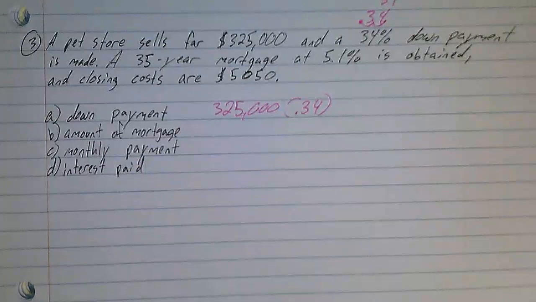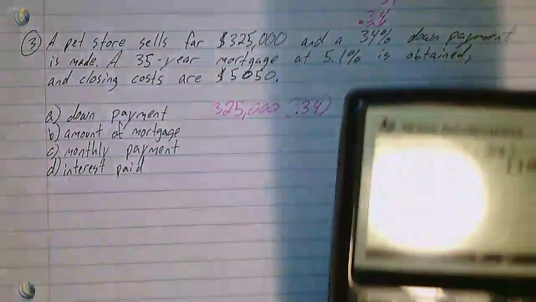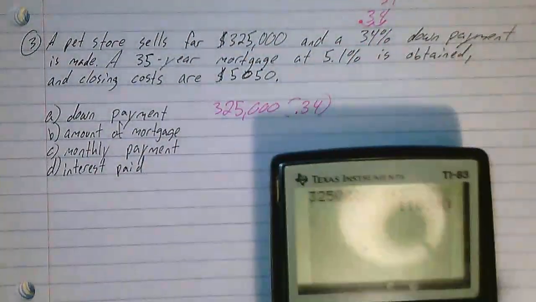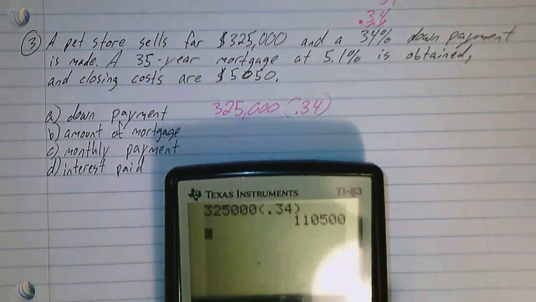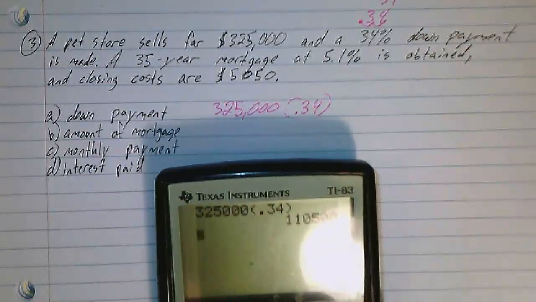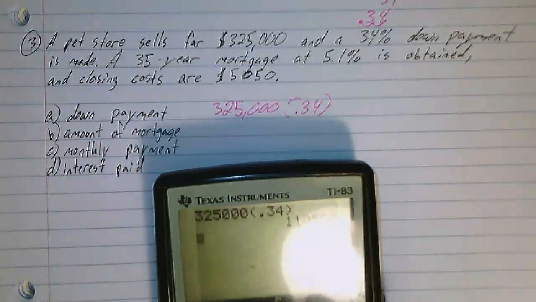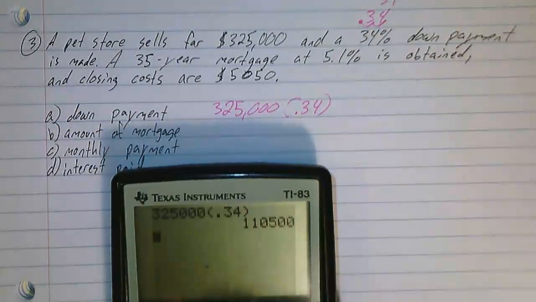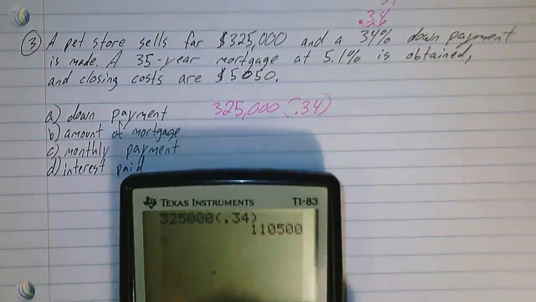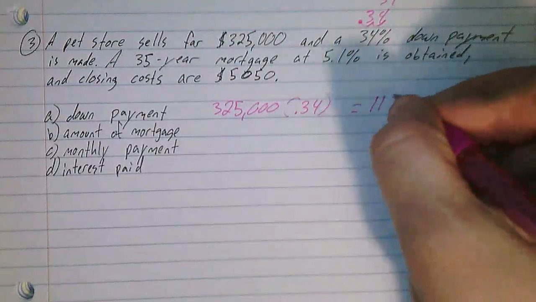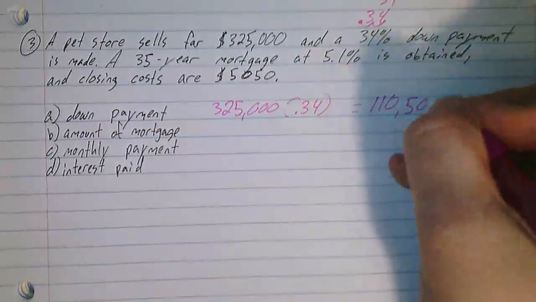We put that in the calculator. So you just multiply the cost of the house, usually in this section, or the store, by the down payment as a decimal. So that's $110,500.